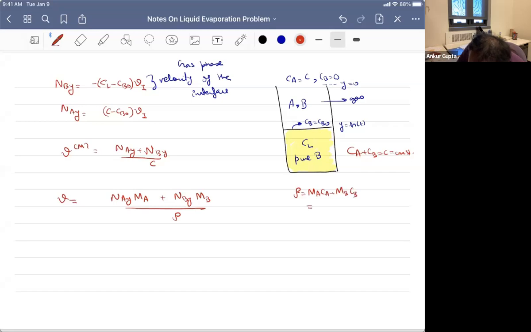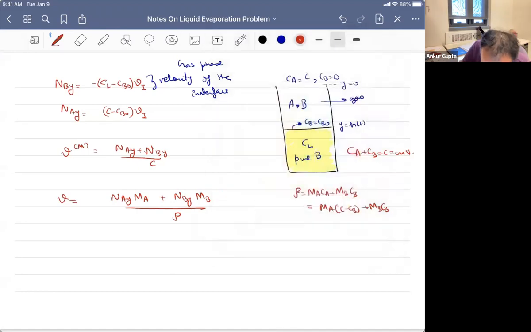Because CA plus CB is constant, it will be MA times (c minus CB) plus MB CB, and CB is changing from 0 to CB naught. So because CB is changing, rho is also changing. The velocity is not necessarily constant, but we can still find the value if we substitute the value for a given location.